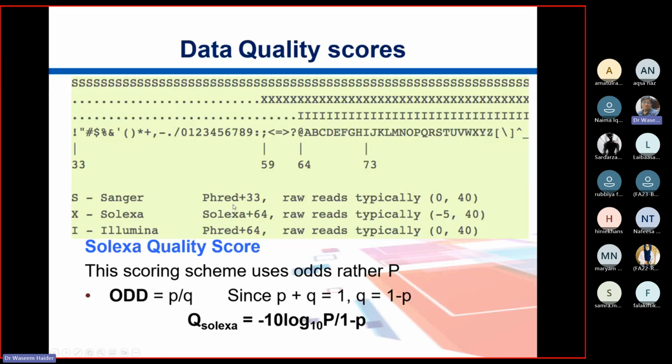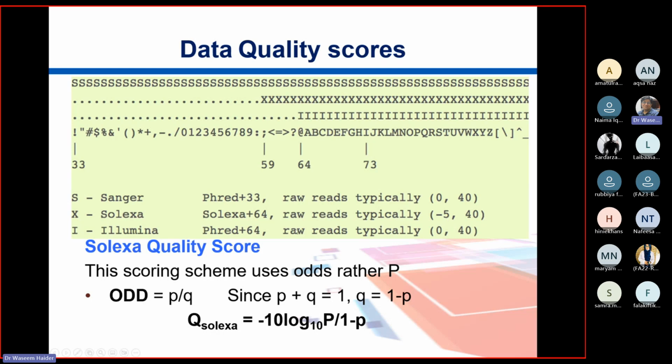So in the raw score, if it is 0, we add 33 to it and we put the sign of exclamation, right? In Solexa, we use this formula, but since they had those numbers here, because of that formula and because of that ratio thing, the minimum possible value was -5 and maximum was 40. Here the minimum was 0 to 40, right? So all positive numbers. Here there was some negative number.